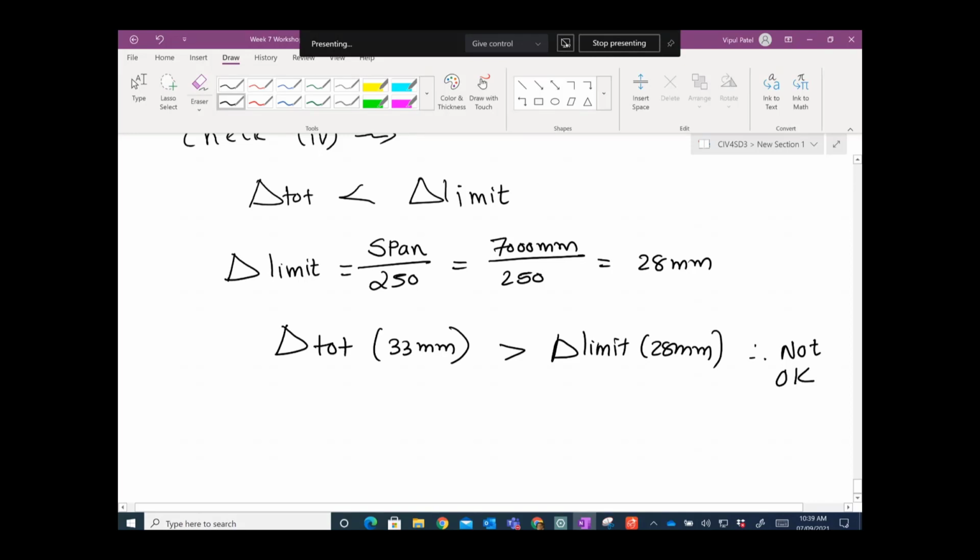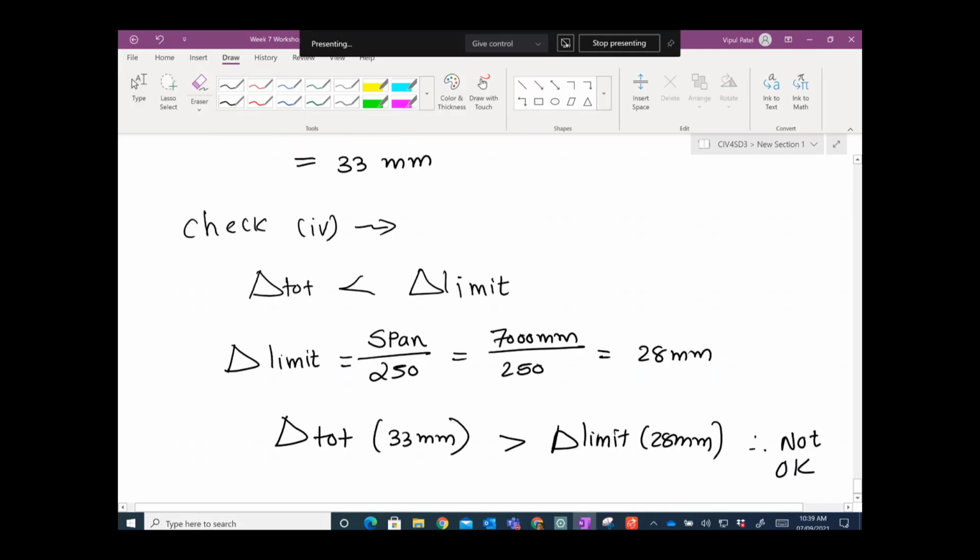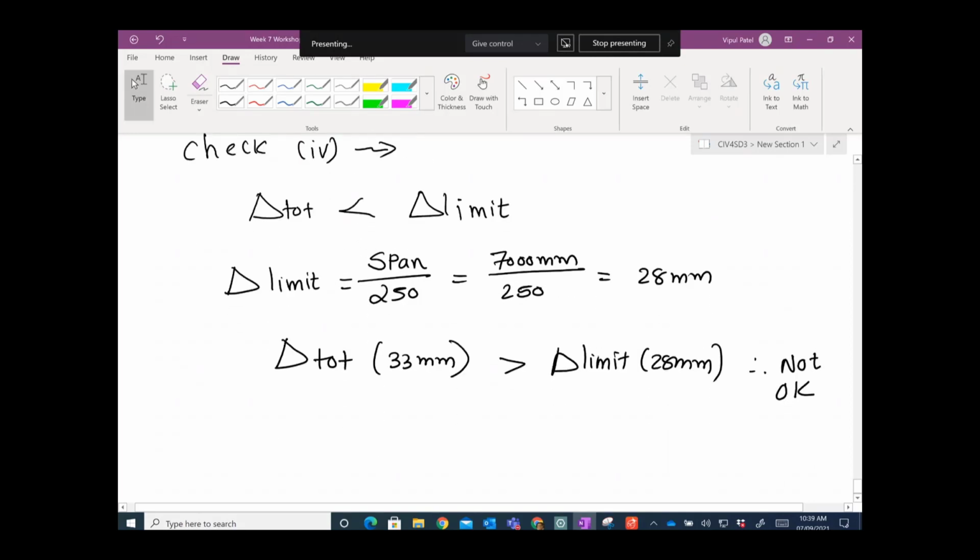So that is check number 4, that your delta total should be less than delta limit. The standard is saying if your beam deflects by 28 millimeters, we are okay. But if it is more than 28 millimeters, your user will not feel comfortable because your beam is deflecting too much. Therefore, you need to do these recalculations.